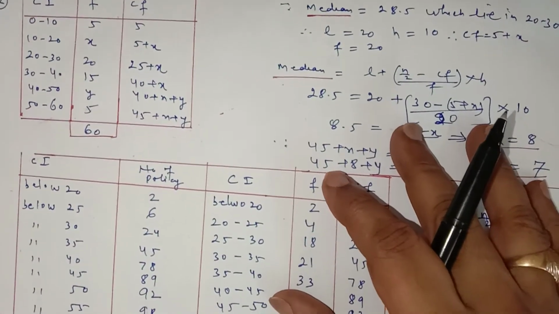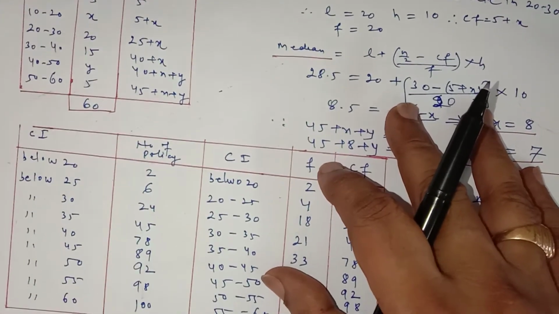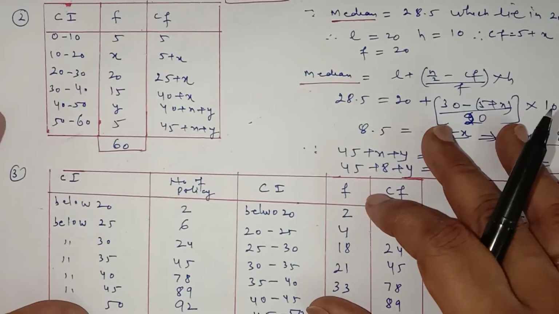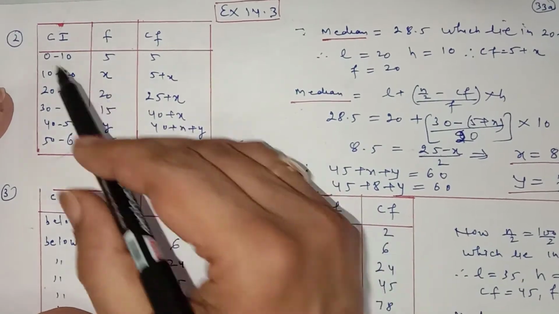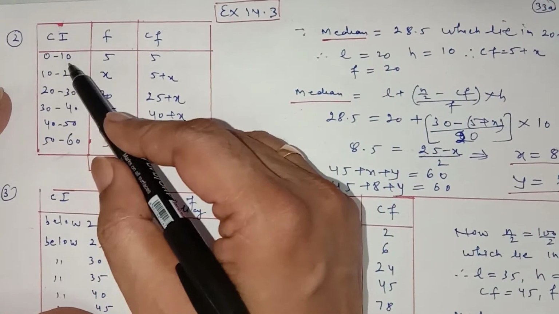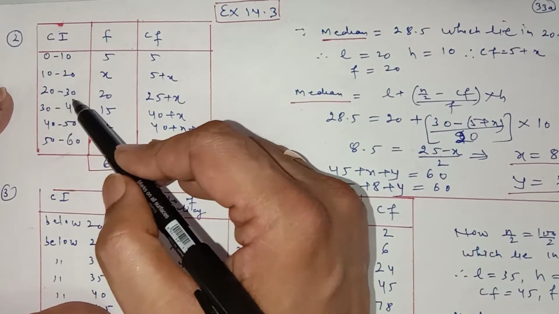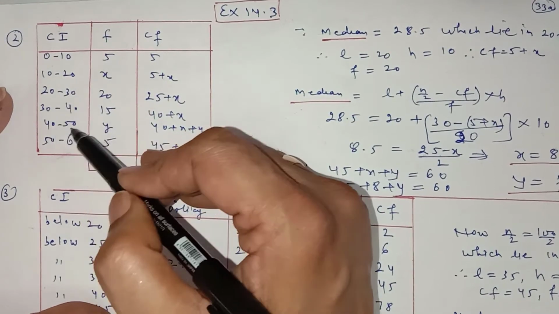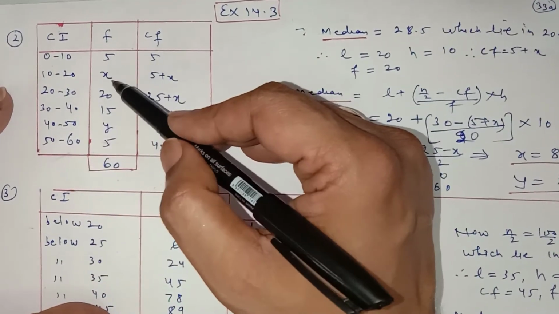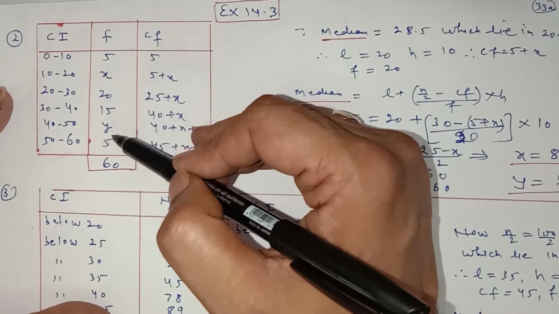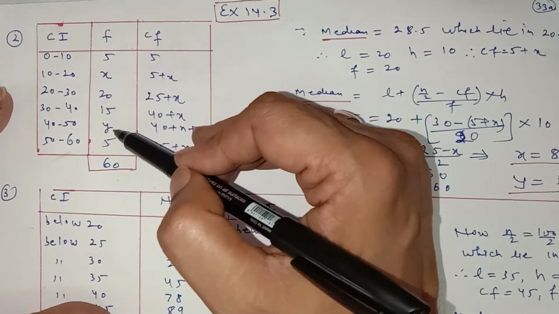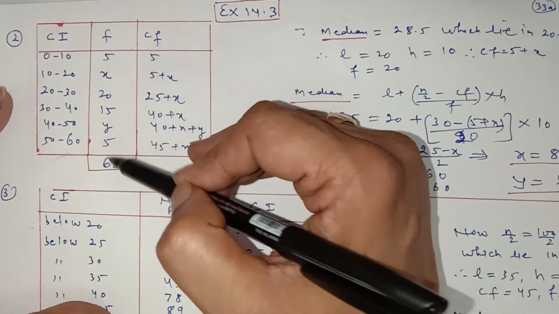So in question number 2 of the same exercise, this data is given: class intervals 0 to 10, 10 to 20, 20 to 30, 30 to 40, 40 to 50, 50 to 60, with frequencies 5, x, 20, 15, y and 5. That is, two unknown frequencies are given as x and y, and the total frequency is given as 60.